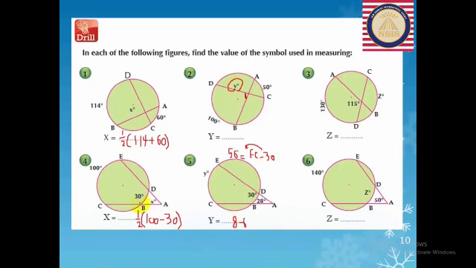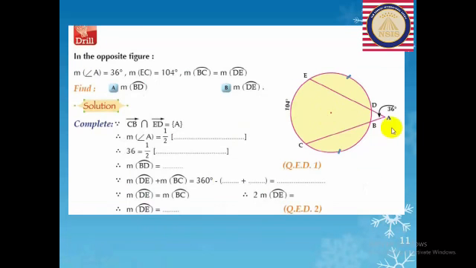Okay. Let's complete. Here I have the measure of angle A is 36 and this arc is 104, and I need to get BD. How to get it?